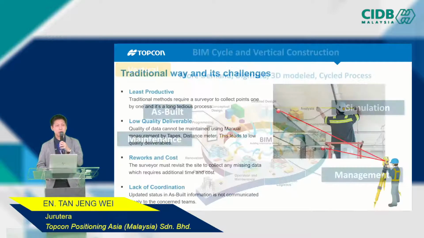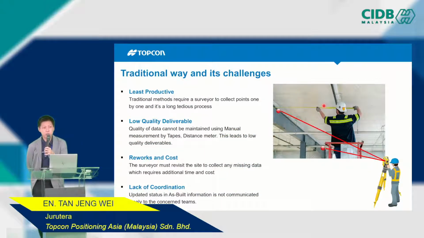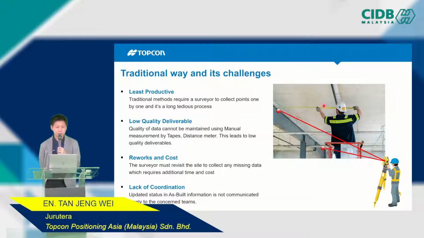Right? So let me share with you some of the traditional ways and also the challenges we are facing currently. The first one is that the conventional method is very unproductive, and we also cannot ensure the quality. Sometimes the contractor provides low quality because there is no efficient inspection.